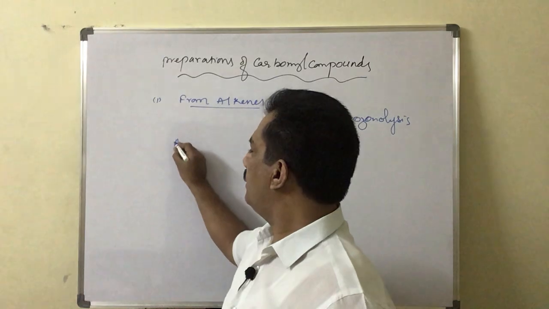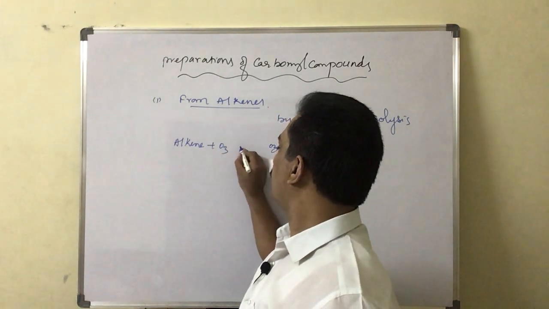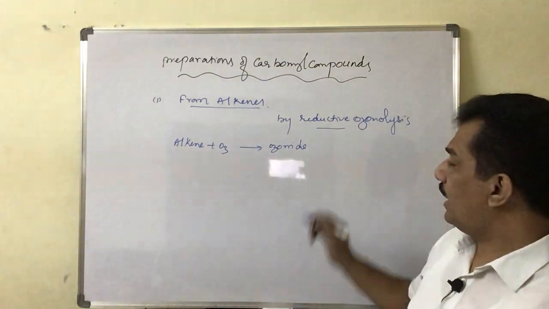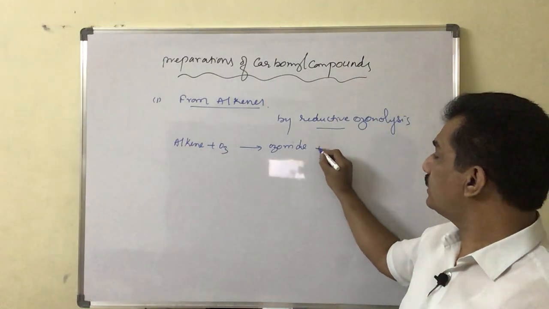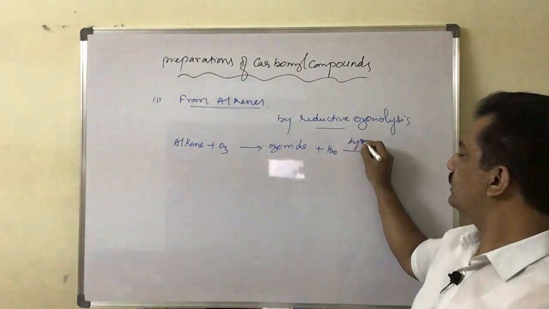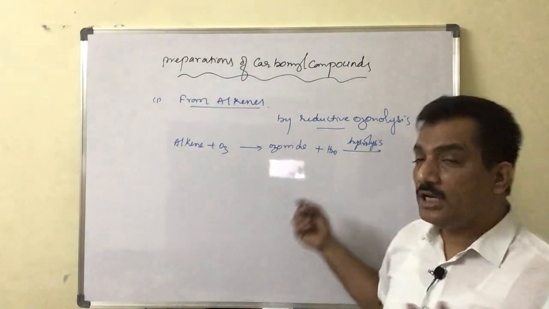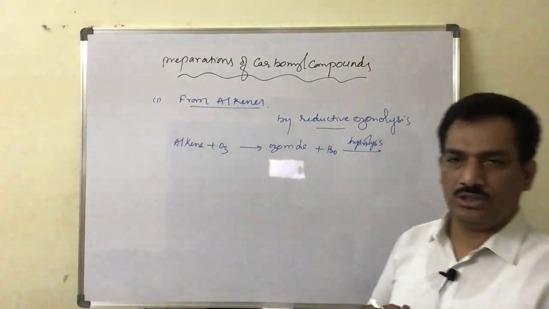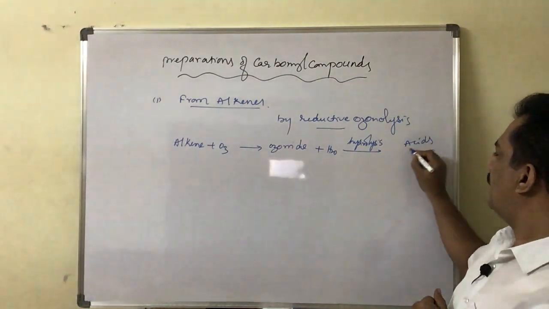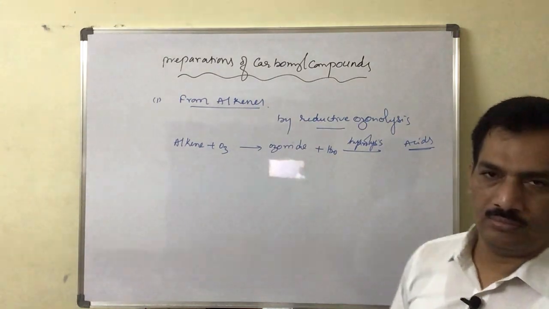When alkene is made to react with ozone, it gives ozonide. Clear? And its subsequent hydrolysis leads to formation of the highest oxidation state, that is nothing but acids. Acids are the highest oxidation state of carbon compounds, is it not?